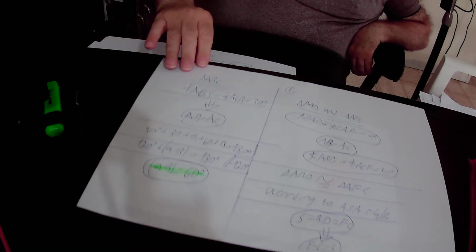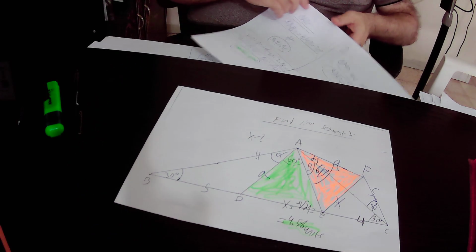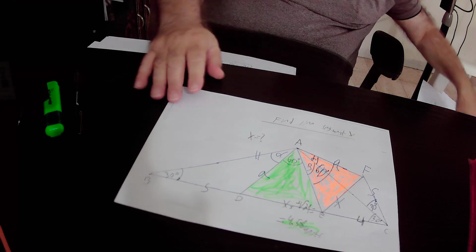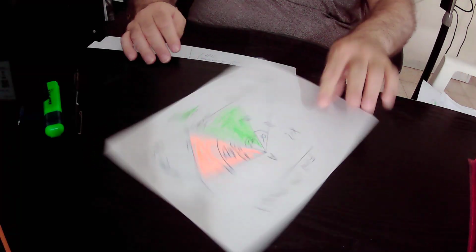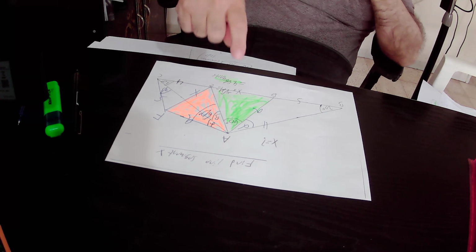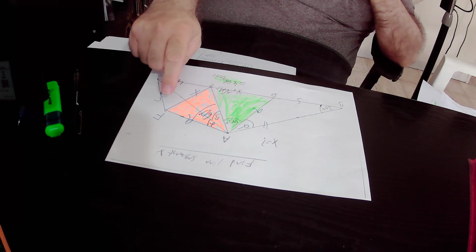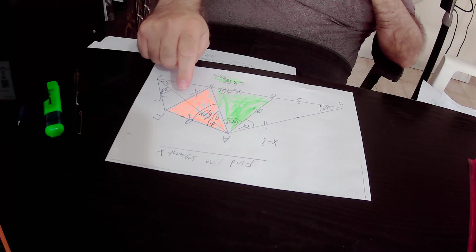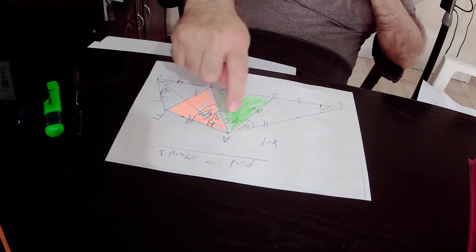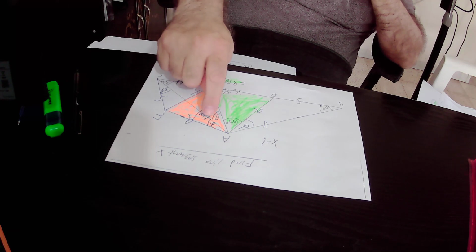Then we did a construction. Here we did two constructions. From point A, we draw a straight line in such a way that the angle between the straight line and side AC of the triangle will be equal to alpha.